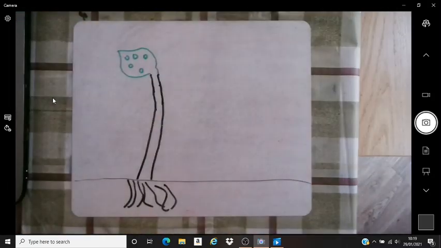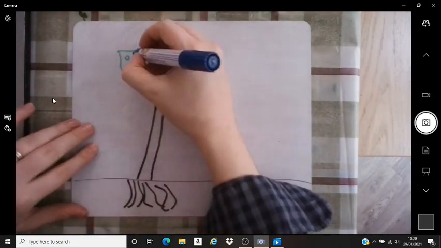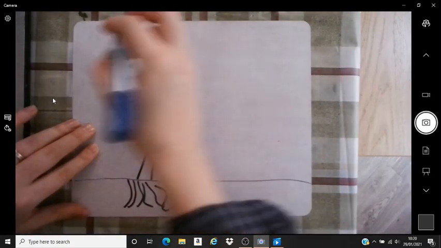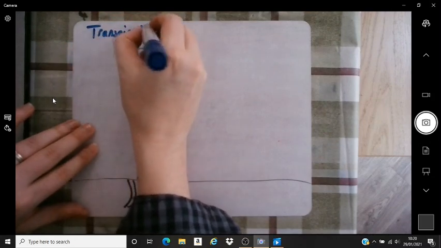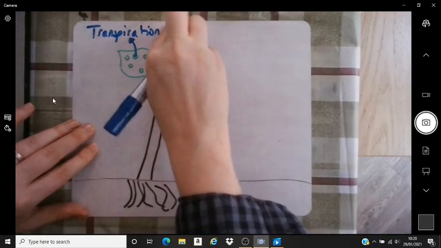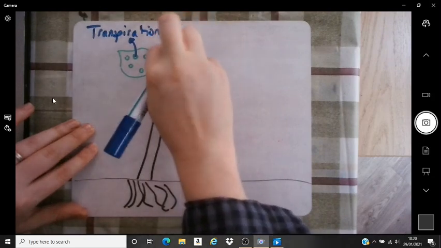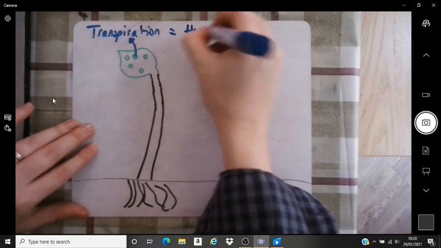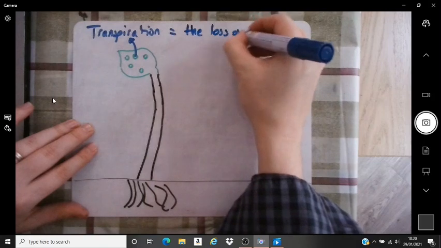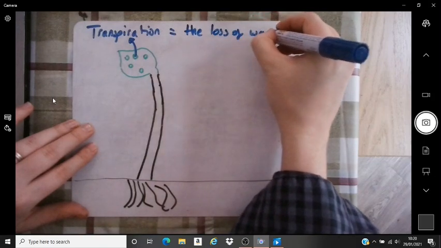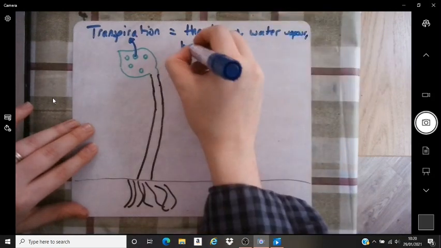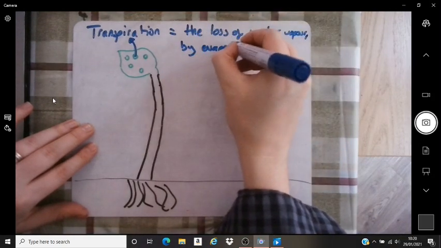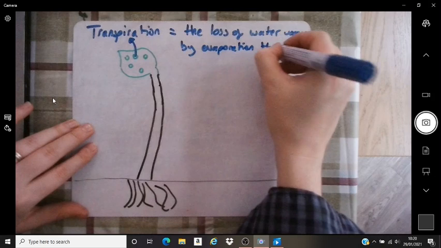At the stomata, transpiration occurs. Transpiration is simply the loss of water vapour by evaporation through the stomata.